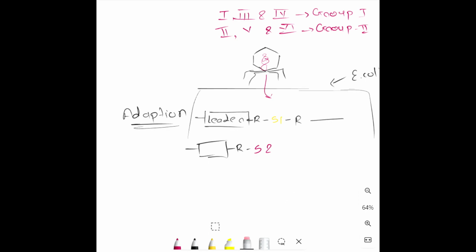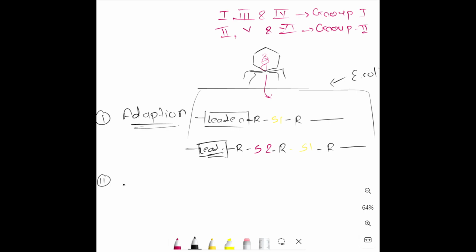Every spacer would be flanked by direct repeats, so this is R, this is S1, and again R. Okay, so this is our stage one, that is adaptation.